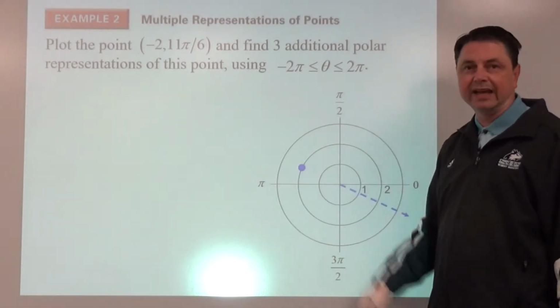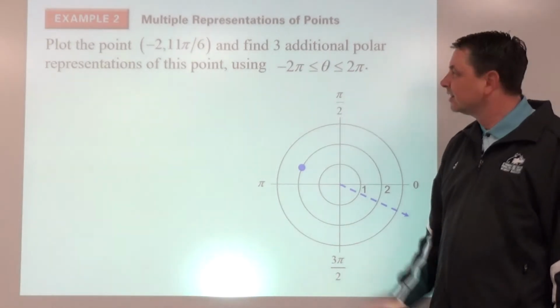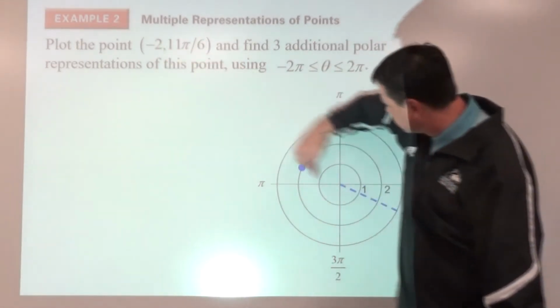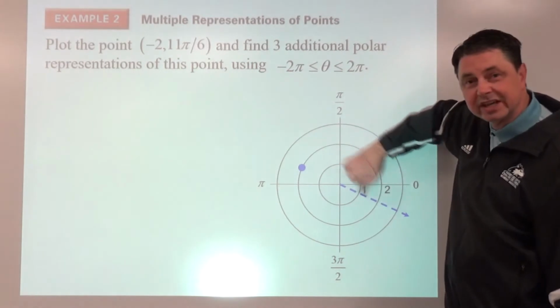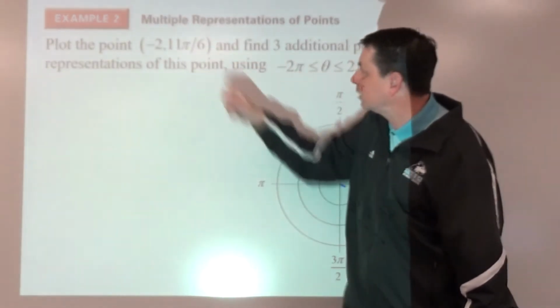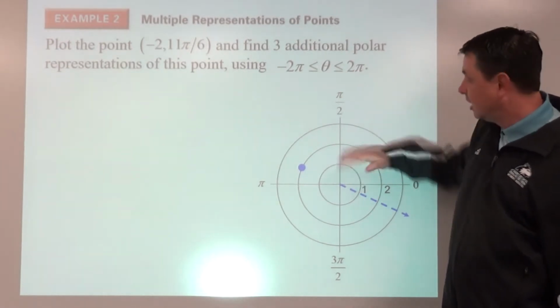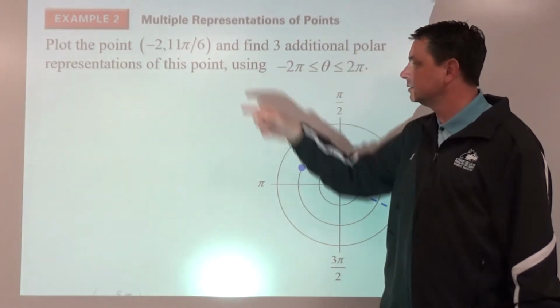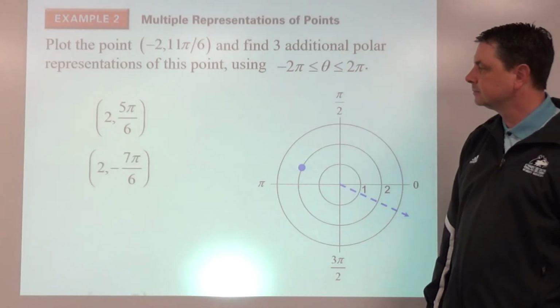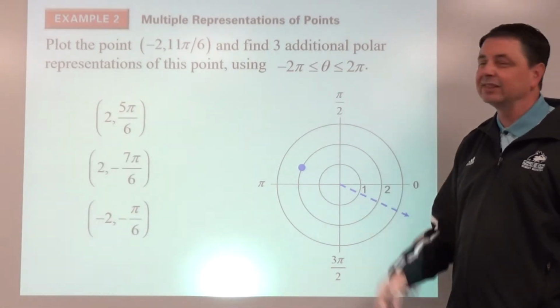Go 2 units that way. There's got to be another one that's a negative. So let's see, what's another representation for this angle besides 11 pi over 6? How about negative pi over 6, but shoot opposite? And those are the 3.